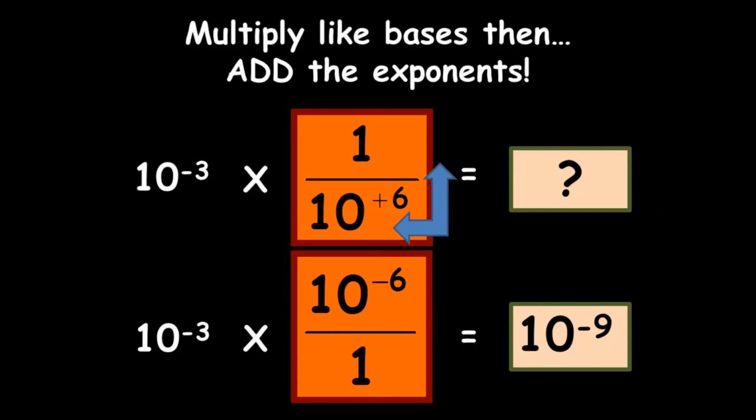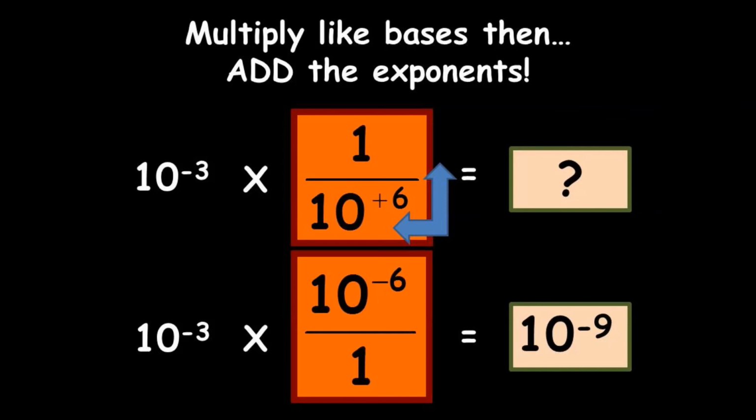Or if you utilize that rule where 1 over a to the n equals a to the negative n, you could put in 10 to the negative 3 times 10 to the negative 6th over 1. So you went from 1 over 10 to the positive 6th to 10 to the negative 6th over 1.